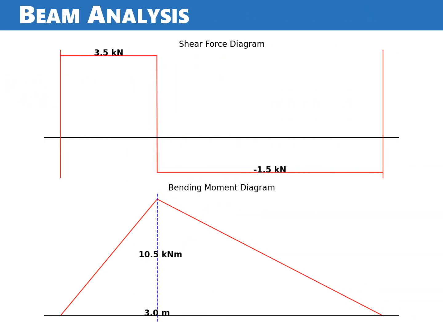This is the final output that we are going to see. This red line that I am moving the cursor on is the actual plot that we have plotted by using the x, v command. These are the three lines: the horizontal axis and two vertical boundaries, 3.5 kilonewton and minus 1.5 kilonewton. These are the peak values of the shear force diagram. Shear force diagram is the title. Similarly, the bending moment diagram values and the graph have been plotted.